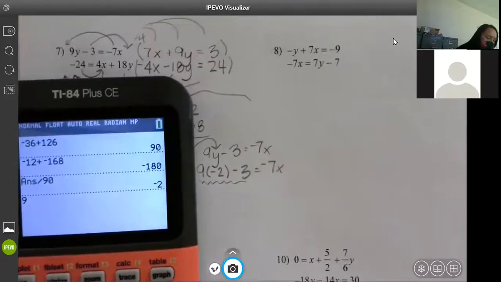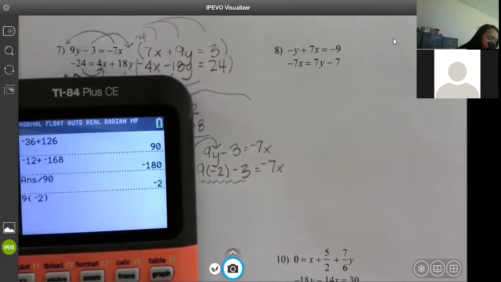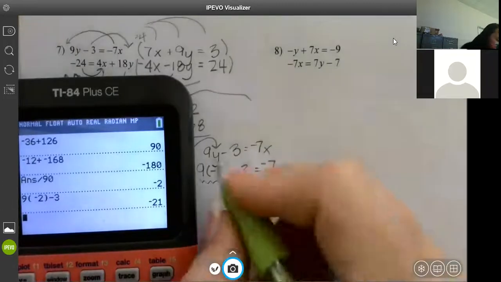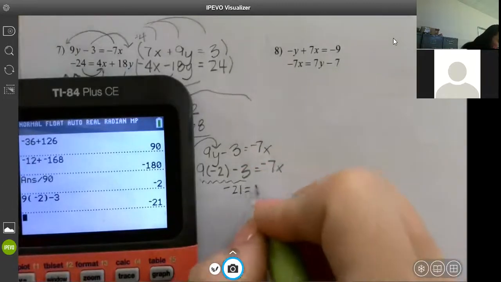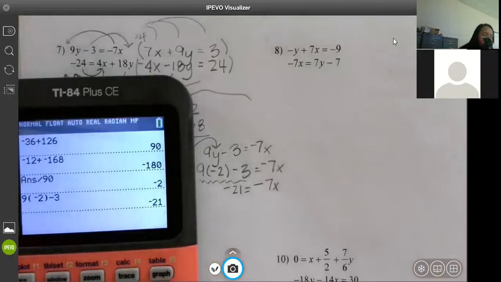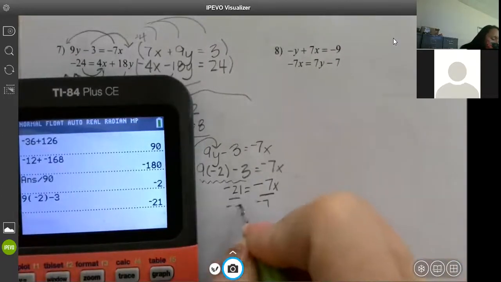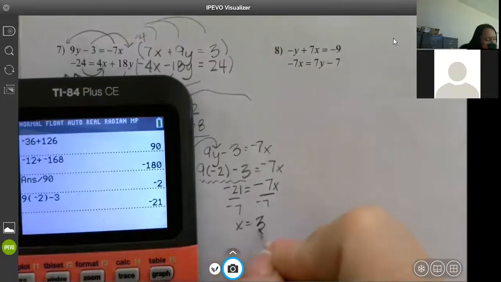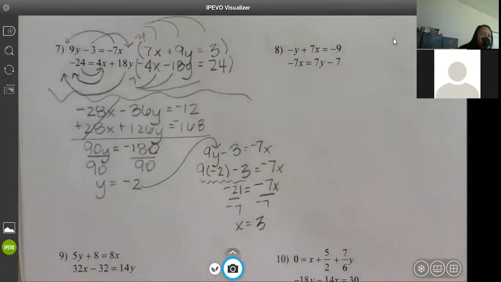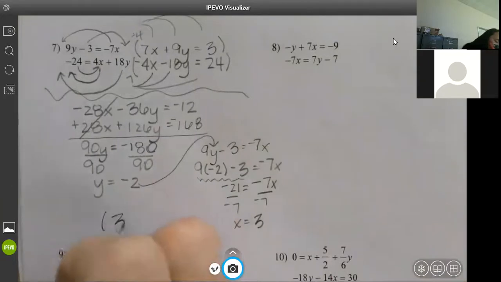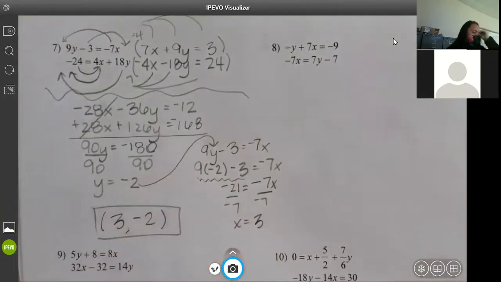So 9 times negative 2 minus 3 is negative 21 equals negative 7x. Finish it out, divide by that negative 7, and x is going to equal positive 3. So your point answer, x, y, is 3, negative 2.